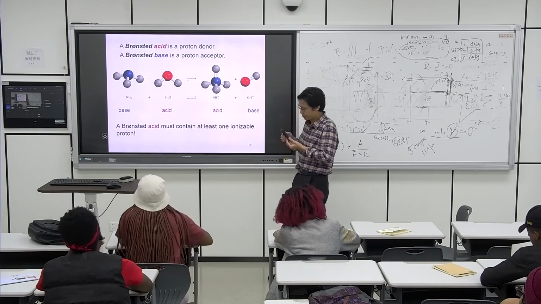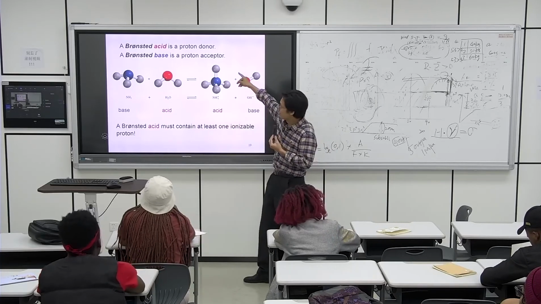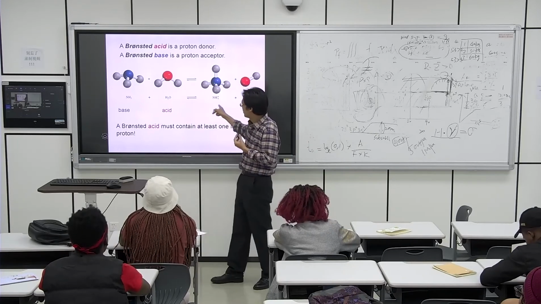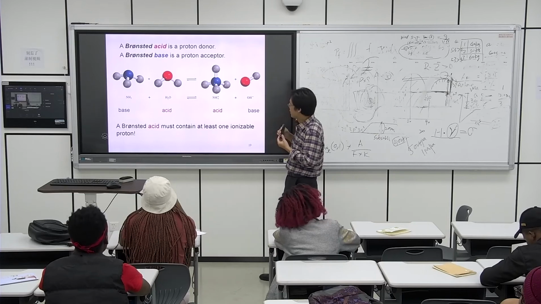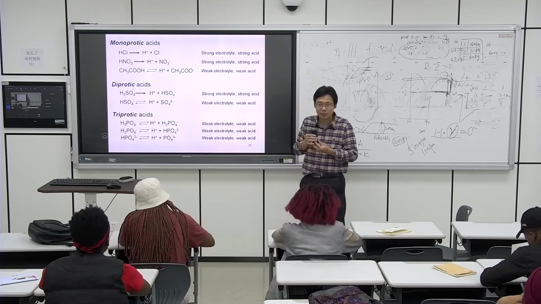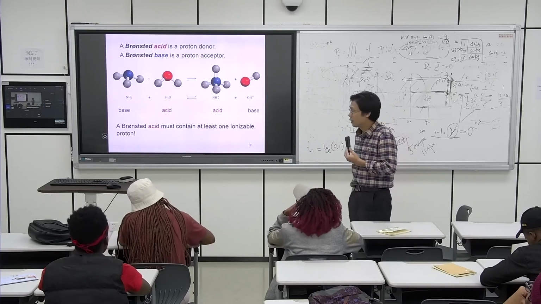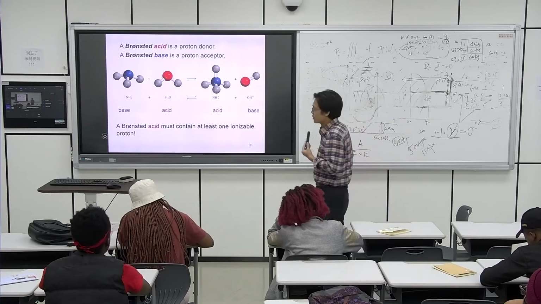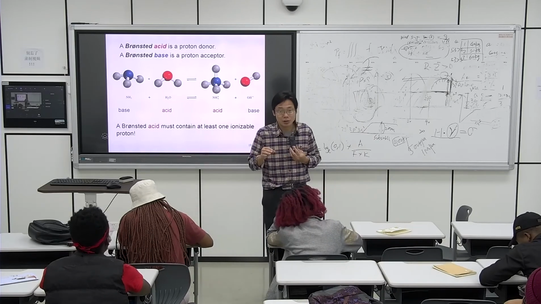Okay. So any question for this? So from this concept, we can learn whether they are a base or acid. So that means, what about a neutral solution? Yes. In neutral, the solution is neutral.